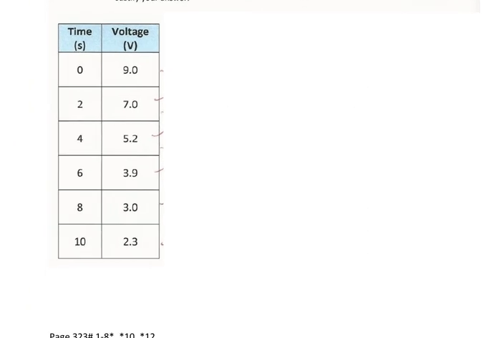Remember that your first difference is going to be the bottom minus the top. Negative 1.8, and then you're going to do 3.9 minus 5.2, so it's going to be negative 1.3, and then 3 minus 3.9, that's going to be negative 0.9, and that's going to be negative 0.7.